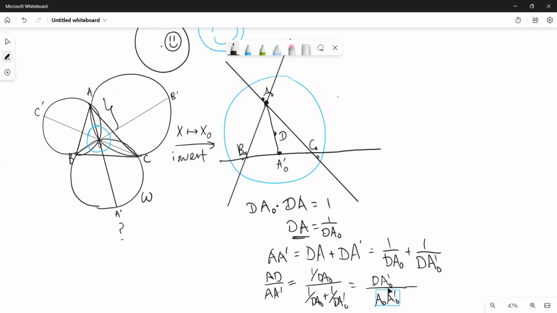So we transform the problem into the sum of dA naught prime over A naught prime, which is the green length over the blue length, right? The green length over the blue length.